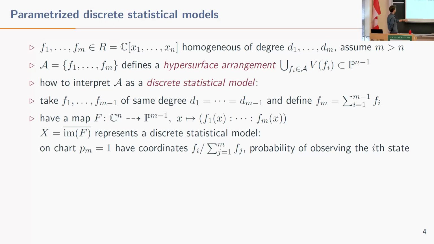The image closure gives us a discrete statistical model, and I restrict to this chart where the last coordinate is 1. Then I obtain coordinates fi over the sum of all these. And now this can be interpreted as the probability of observing the ith state.